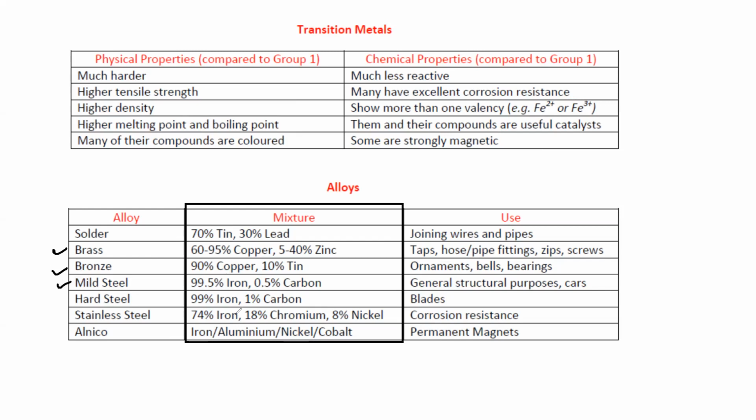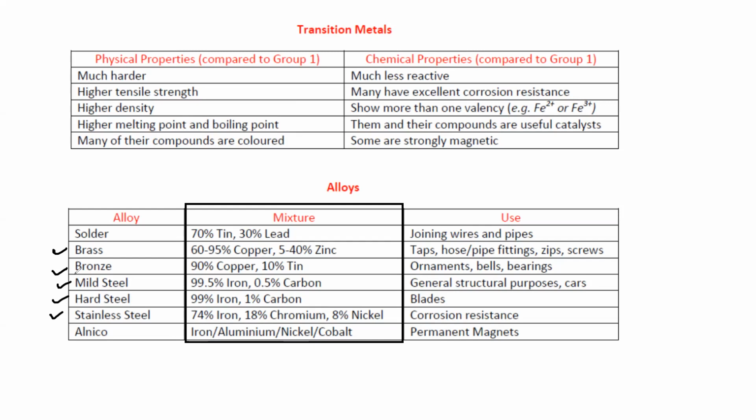Low carbon steel is there, which contains a small proportion of carbon, generally used for car bodies. Hard steel or high carbon steel is used for blades or drills. Stainless steel, maybe you have seen a lot of cutlery is made up of stainless steel. For example, knives, forks, spoons, mostly stainless steel.